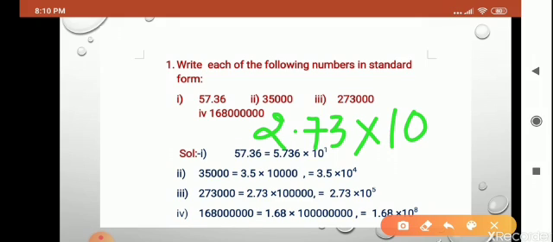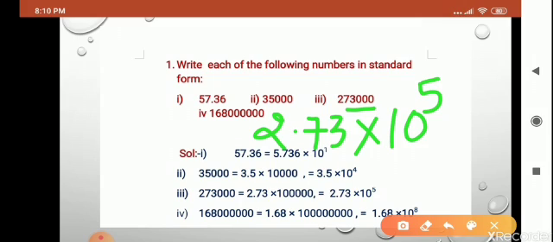Then count the number of digits after 2: 7 3 0 0 0, that is 1 2 3 4 5, so 2.73 into 10 to the power 5. It's your answer. Okay, it's very simple to convert any large or small number into standard form.